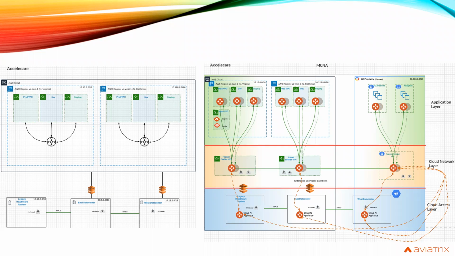Emmanuel asked, what determines how many transit FireNet VPCs Aviatrix would be able to support in my cloud account? There's really no upper limit right now. I think it really depends on instance sizing. If you have 100 VPCs or 1,000 VPCs, we can come up with a solution that can manage all of those.